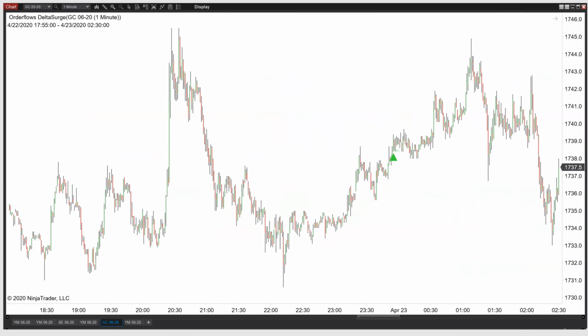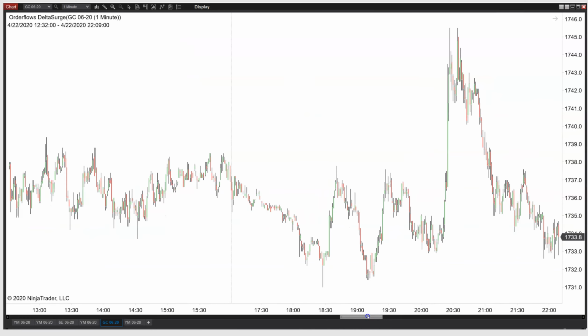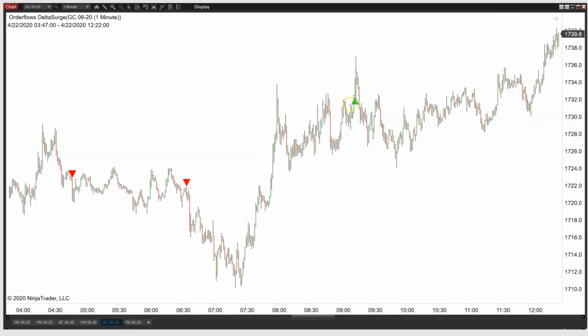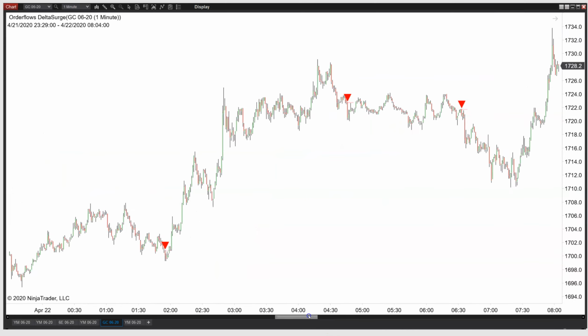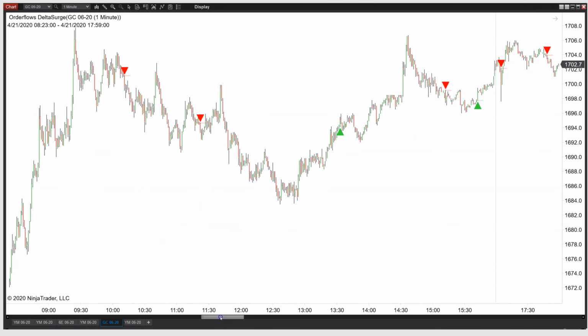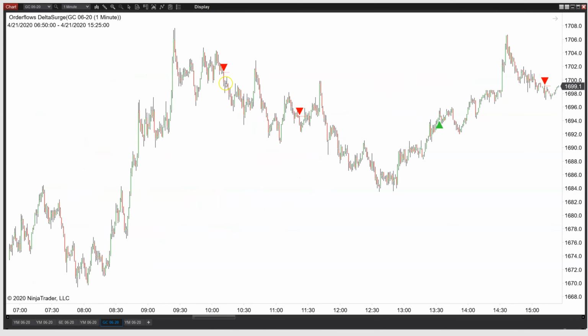And here's one that just sort of ground higher. Here's a nice sell. Here's a buy. Again, it's up near the highs. It did pop up a little bit. This sell didn't do anything, but we were already moving down. Here's a nice sell here.